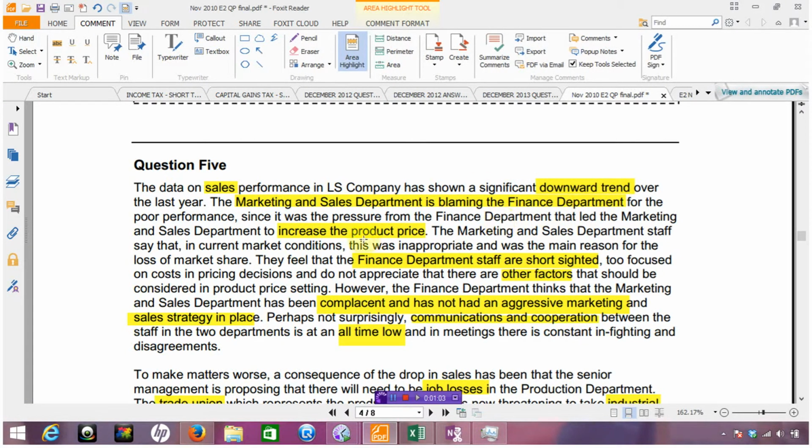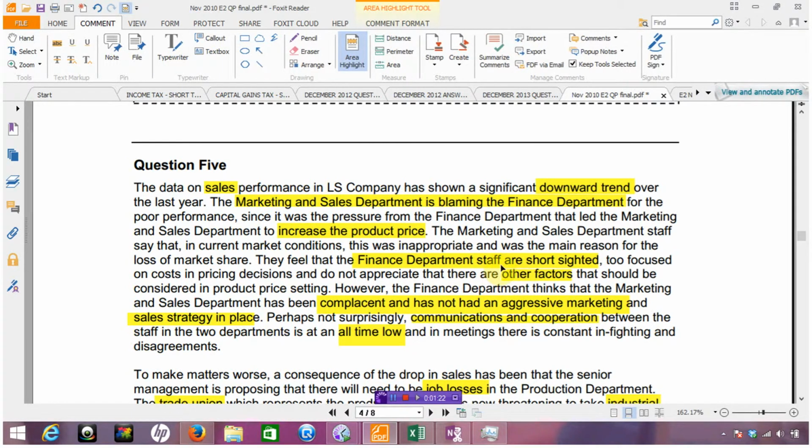We've got a series of departments, i.e. marketing and sales, blaming finance and vice versa. Now, marketing and sales are touching on the idea of the price, the pressure from finance to increase the product price, and that's, they believe, part of the main problem.